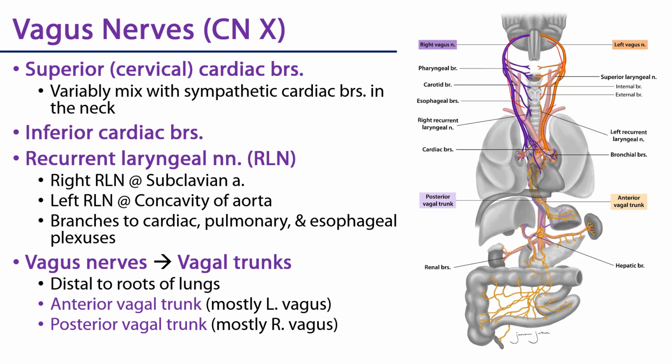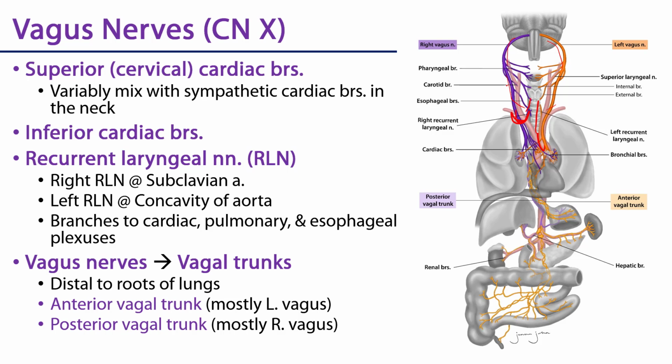There are recurrent laryngeal nerves. The right recurrent laryngeal nerve wraps around the right subclavian artery. On the left side, it wraps around the concavity of the aorta, and then these both head up to the larynx, as we recall. But they will supply branches to the cardiac and pulmonary and esophageal plexuses.